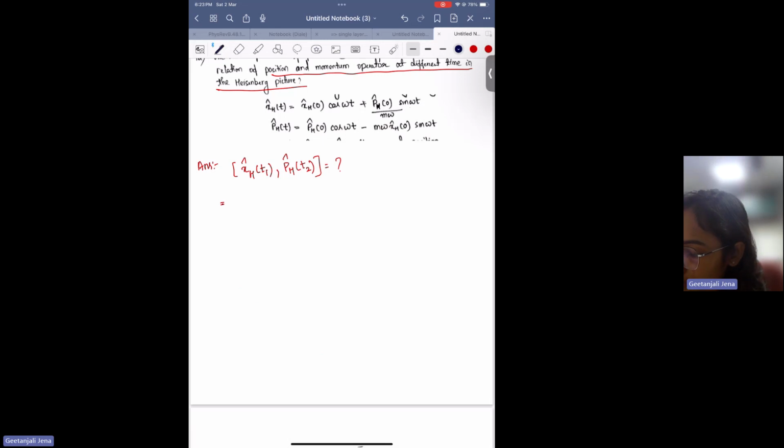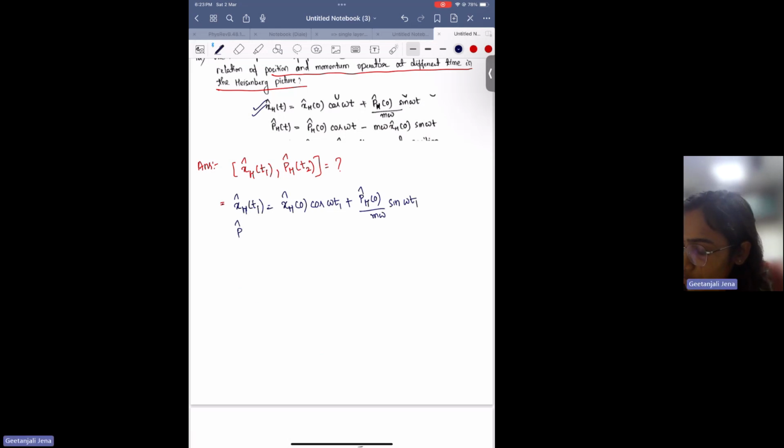Let's see. The expression for the position operator at time T1 is x_S0 cos omega T1 plus p_S0 by m omega sin omega T1.